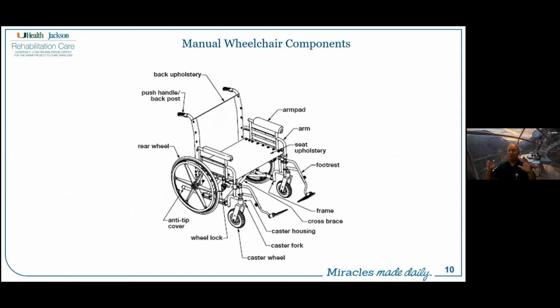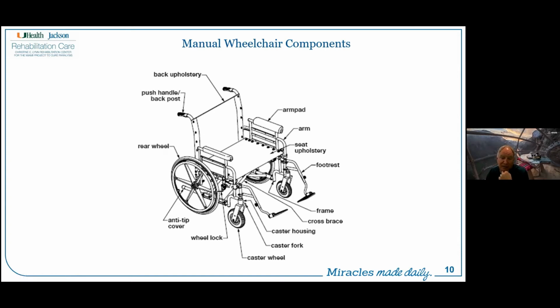So let's step away from the prescription for just a moment and talk about components of the manual wheelchair. Typically, you've got large wheels and an axle that connects those wheels with a seat and a back. You've got canes on each side of the back support and may or may not have push handles, arm pads and side panels, including the arm going down to the chair. And then you have the rigging, and the rigging may be detachable or not.